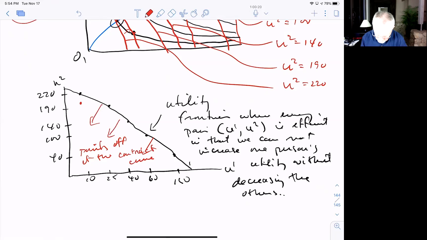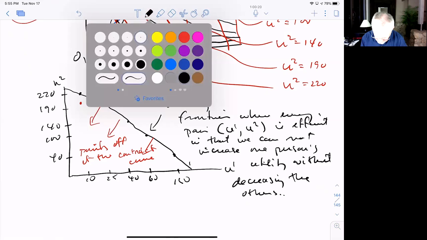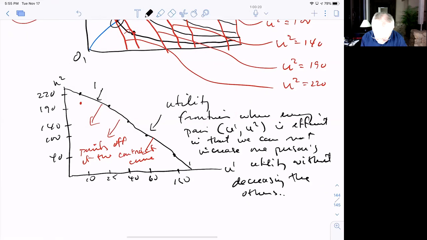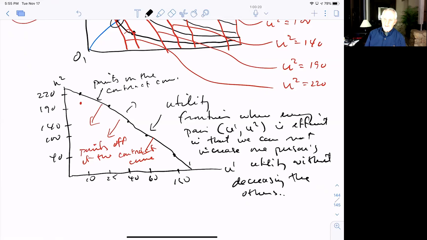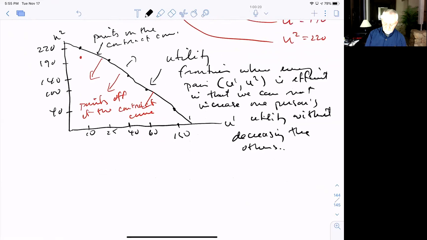Everything on the frontier are points of utility taken from the contract curve. And everything that's outside here is not attainable. We can't get to any of those combinations of utility because of our fixed endowment that fixed the size of our Edgeworth box.